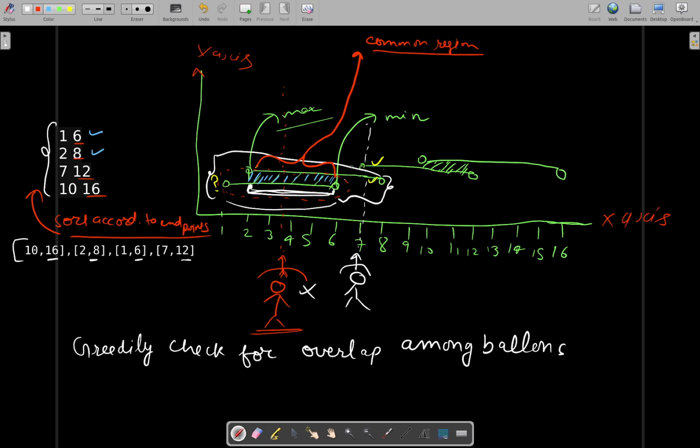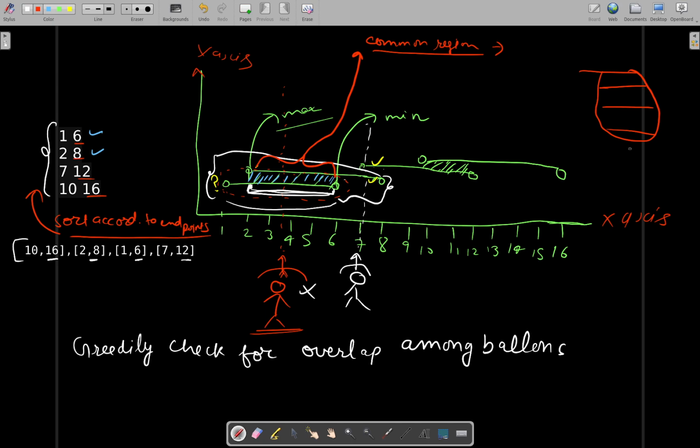Okay, the more common regions, the fewer arrows required. More, or larger, is the common region, the fewer are the number of arrows required. Okay, so as you can see, one common region resulted in only one arrow being used for bursting two balloons, and let's say it would have been the case that 3 or 4 of the balloons were having this common region.